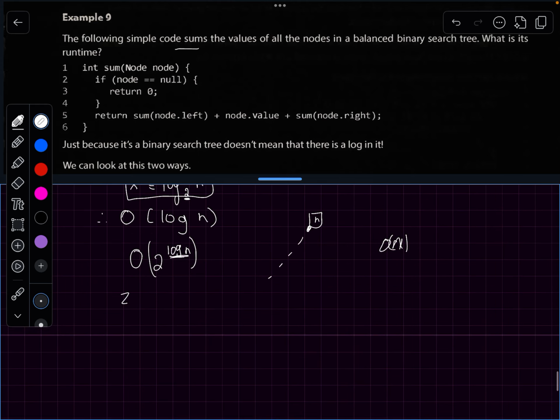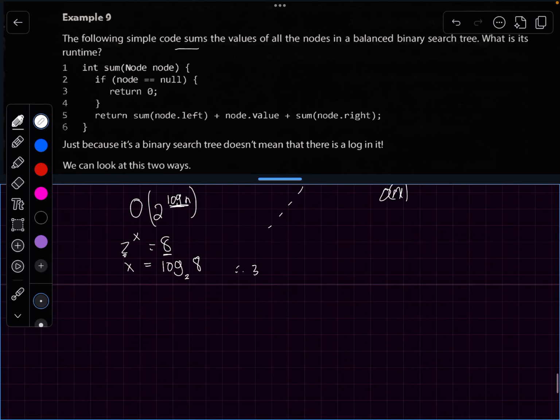Say, for example, 2 to the x is equal to 8, right? Now we want to know what x is. So x is equal to log, you take the base and you put it here, and you take 8 and you put it here. So reading this, you would read it as 2 raised to something, which is x, is equal to 8. And we know that the answer is 3.